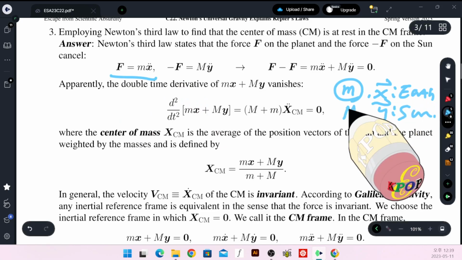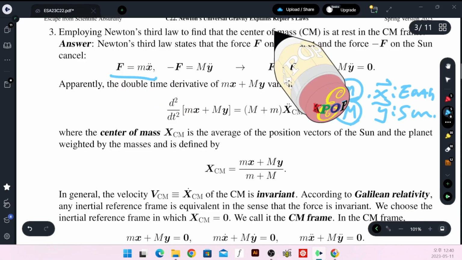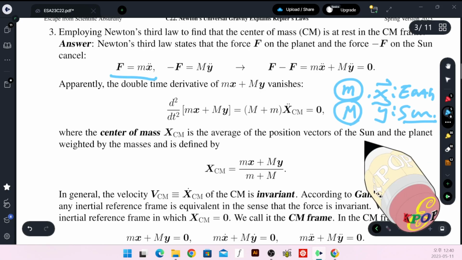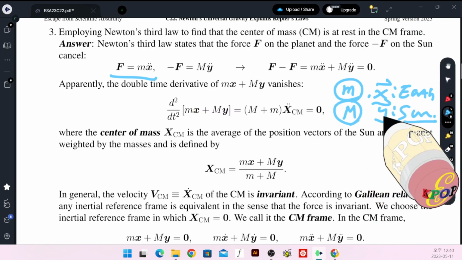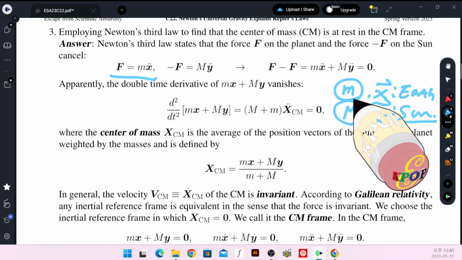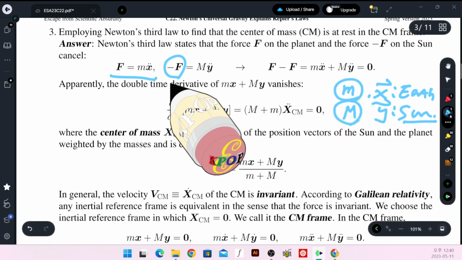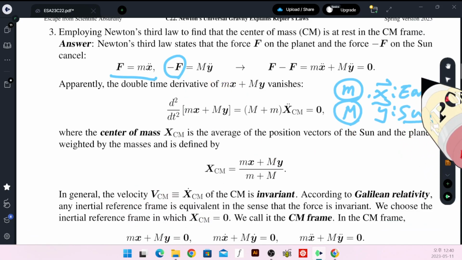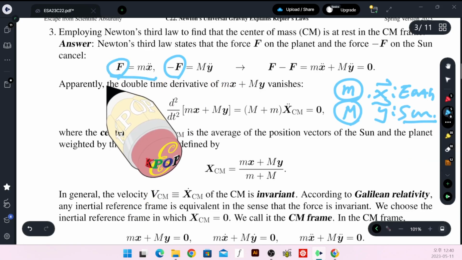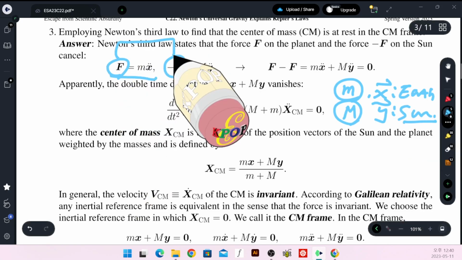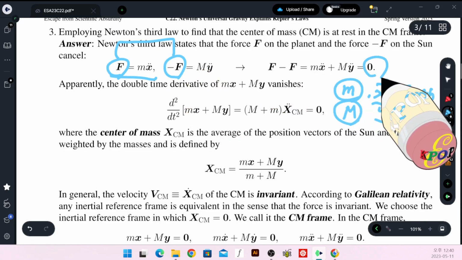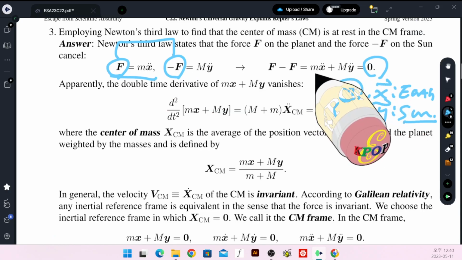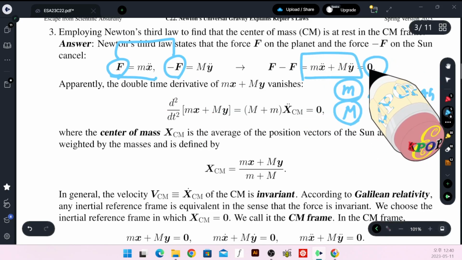The other particle interacting with this gravitational force is mass capital M. We say it is the sun. The two forces are opposite and the magnitude is the same. Therefore, the gravitational force applied to the sun is minus F, while the force applied to the Earth is plus F. It's trivial to find that the sum is exactly zero. As a result, mass times acceleration, their sum must vanish.